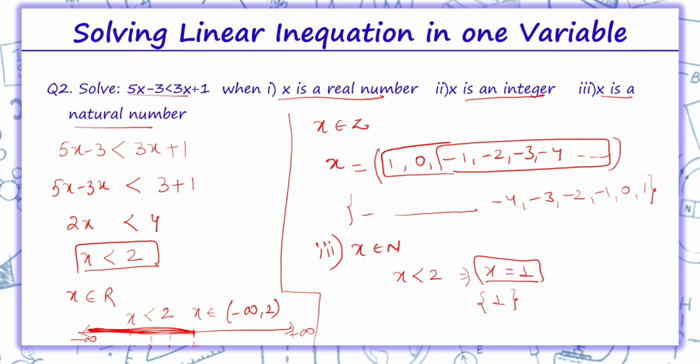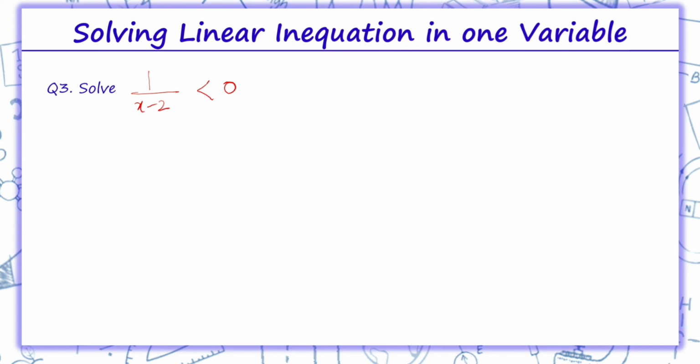So this is how we applied rules to solve this linear inequation in one variable. Coming on to the next question: we have to solve 1 upon x minus 2 smaller than 0. We have a rule: when a upon b is smaller than 0 and a is greater than 0, as we can see over here a is 1, this implies b should be less than 0.